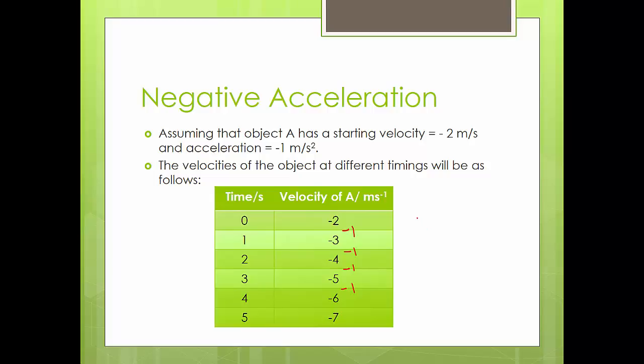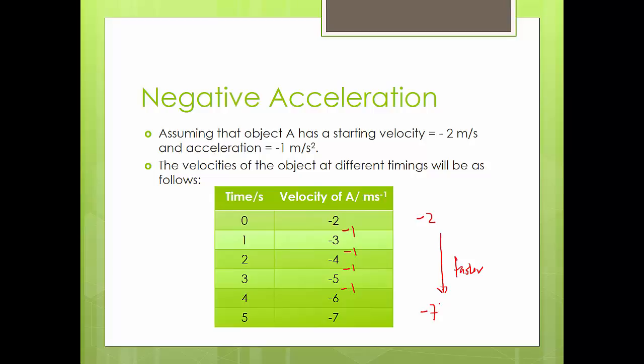So if you compare -2 at the start and -7 at the end, do you realize that you are going faster? You are going faster because -7 meters per second is actually faster than -2.